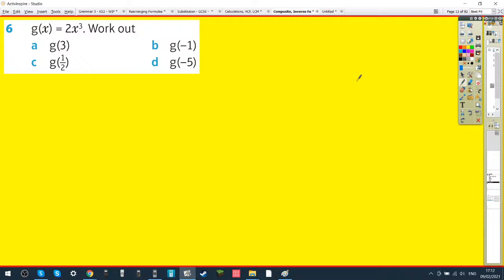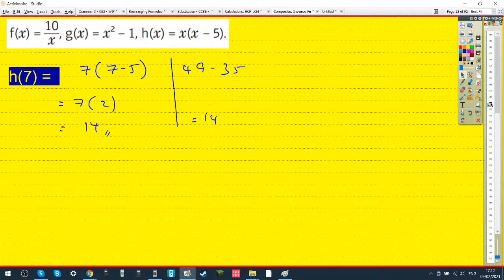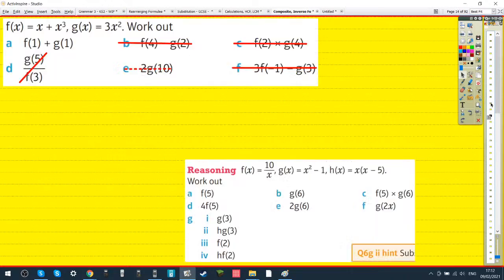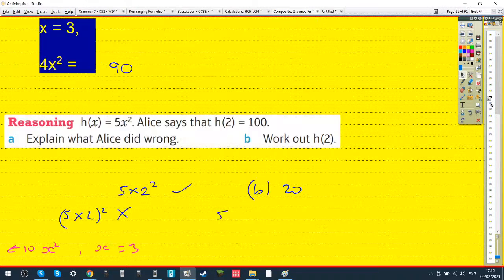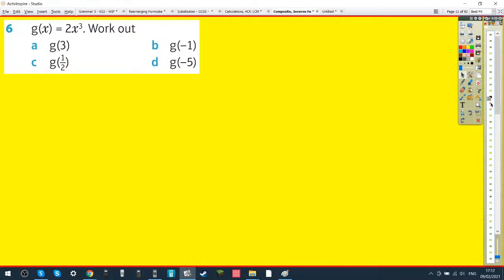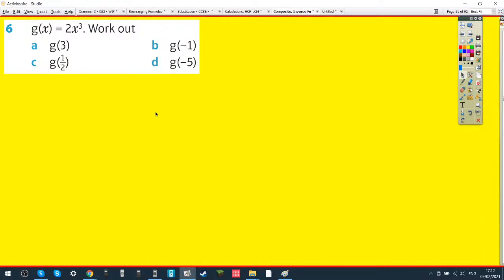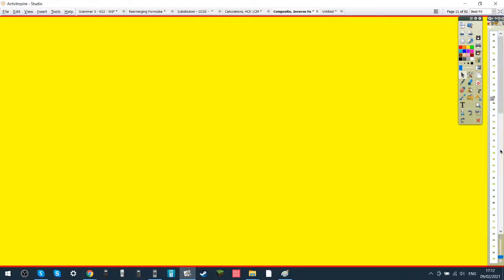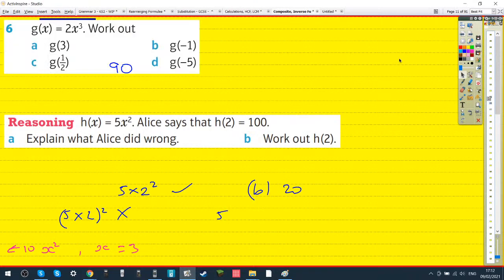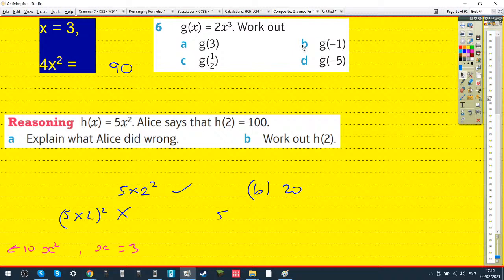So this one needs to be moved back a bit. So this is cubed. Let me just see something. I'll move it there.